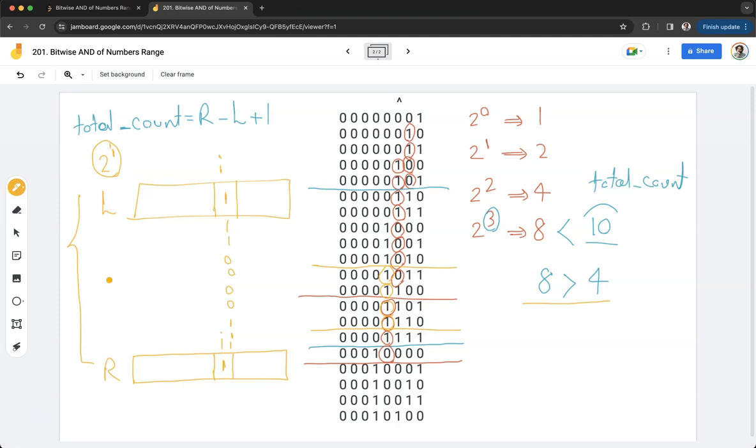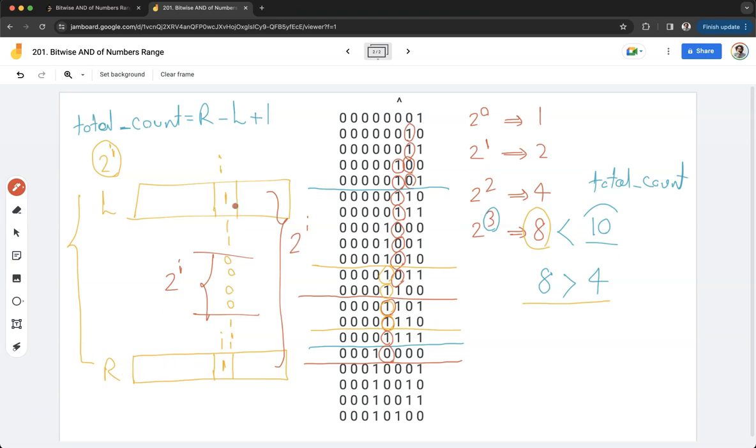So for example, from left to right, if there are less than or equal to 8 numbers, it is not possible to have a few 1s and then a few zeros and then a few 1s, because these zeros themselves would be 2 to the I. While we know we have already checked that from left to right, it's less than or equal to 2 to the I. So it's not possible to have 2 to the I number of zeros in between this left and this right.